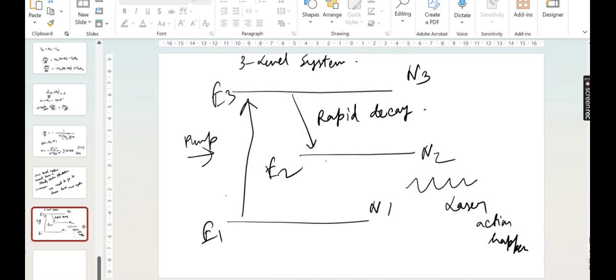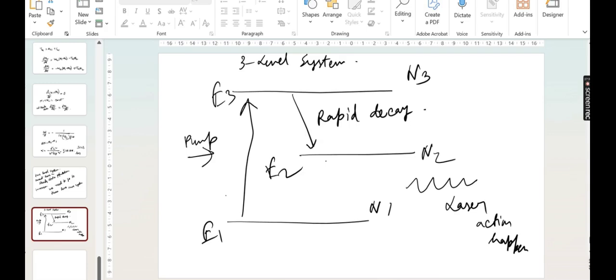Remember, from the three-level system there comes a very common question in NEET, JAM, GATE exams: which level has the least lifetime and which level has the more lifetime. The pump is assumed to lift atoms from level 1 to level 3, from which they decay rapidly to level 2 through some non-radiative process. This is the rapid decay, so N3 has the lowest lifetime.